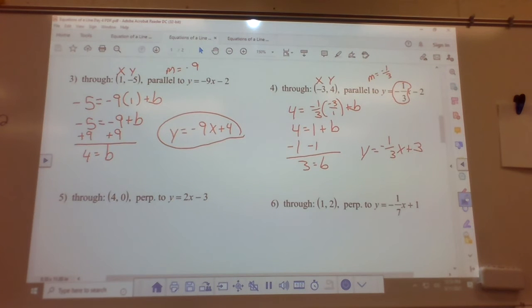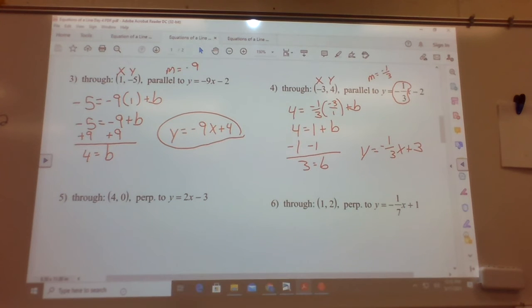So the first 4 were parallel. Parallel means they're going the same direction. So if I can figure out what the slope is of the parallel line, I'm going to use the exact same slope. Now notice 5 through 8 does not say parallel. It says perpendicular. Perpendicular is going the other direction.